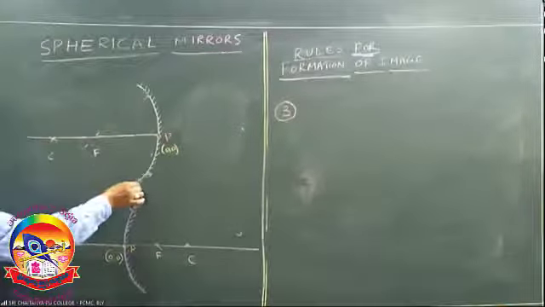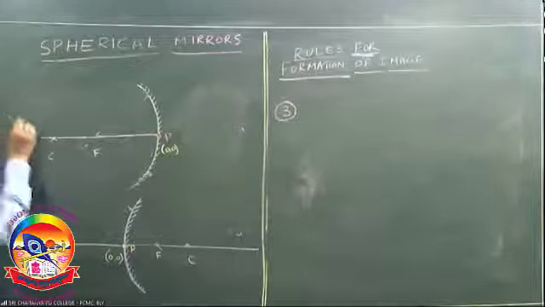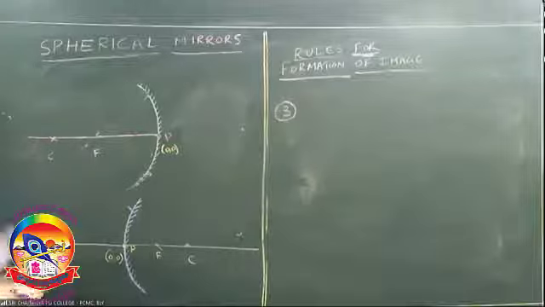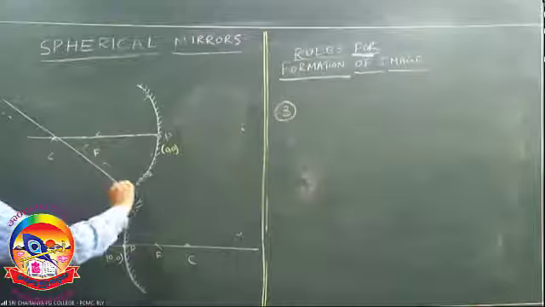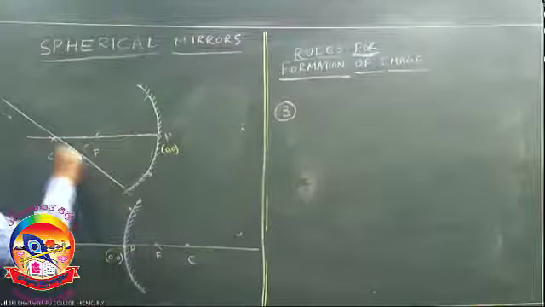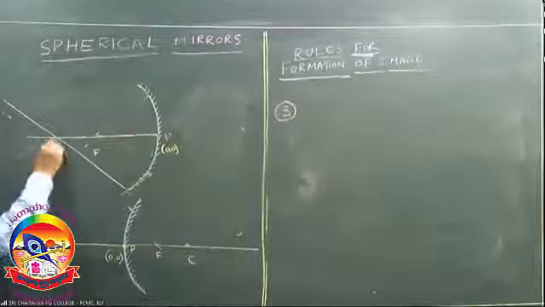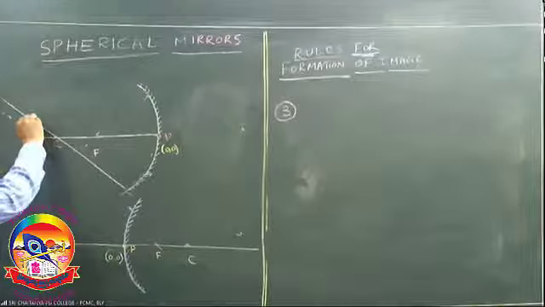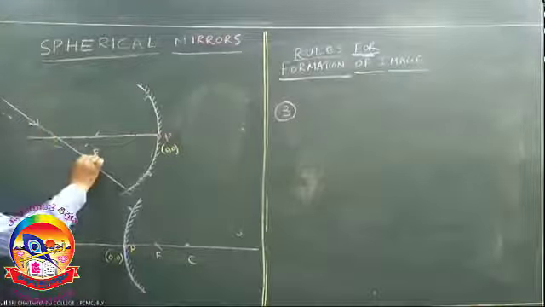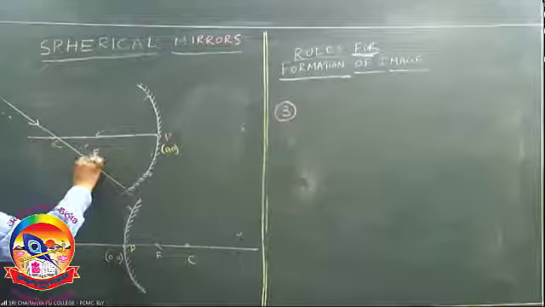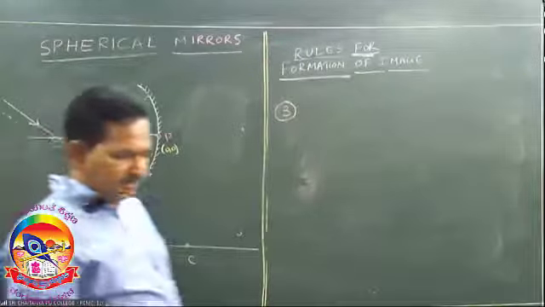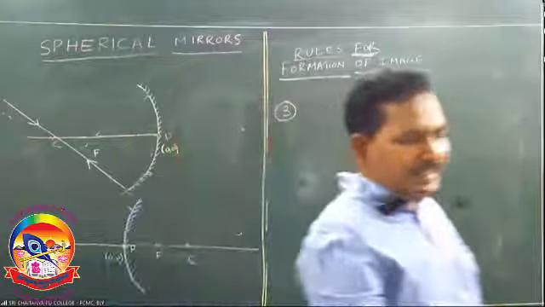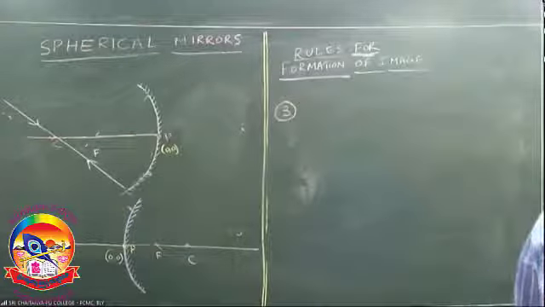If the light ray passing through the center of curvature falls on the mirror, after reflection, it will retrace its path.